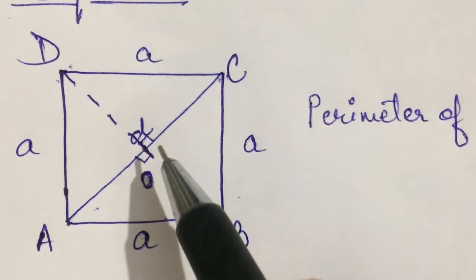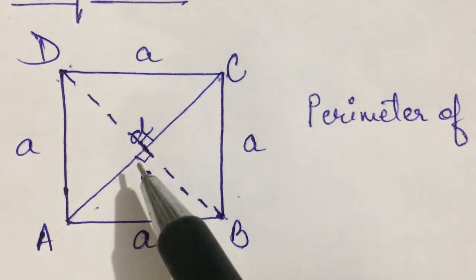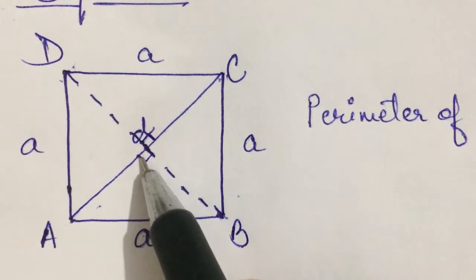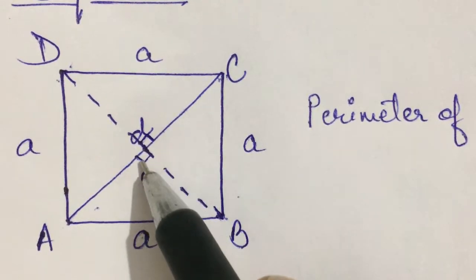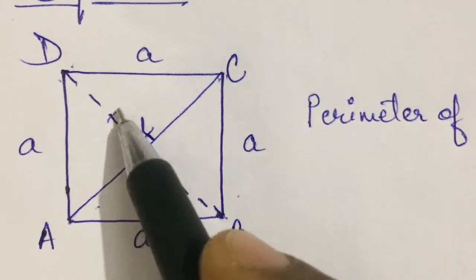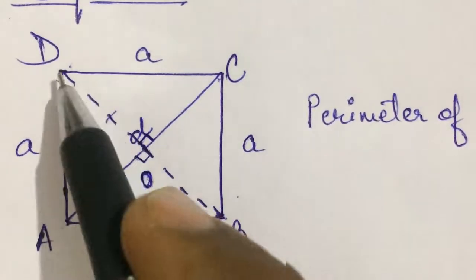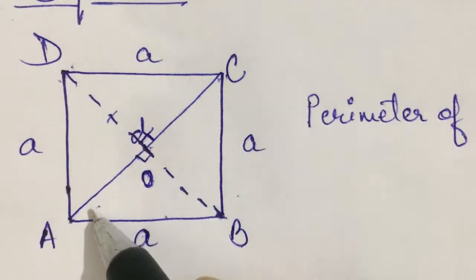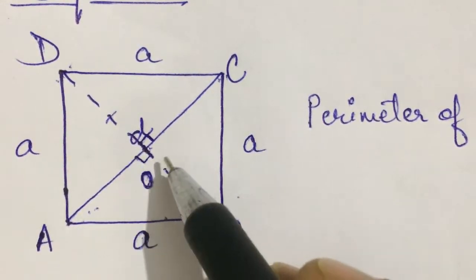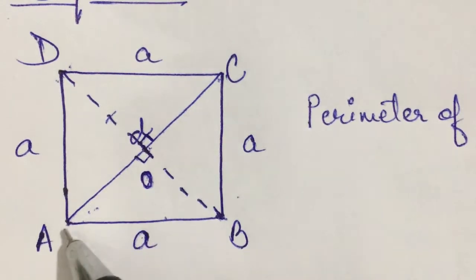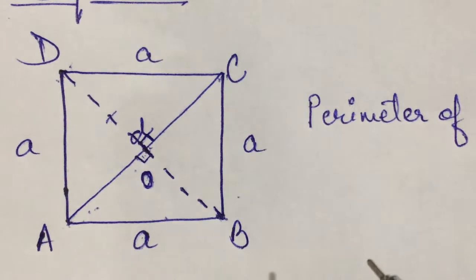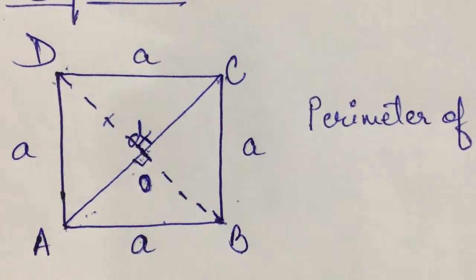The special characteristics are that the diagonals intersect each other at 90 degrees, and they bisect each other. That means OB is equal to OD, OC is equal to OA. Since both the diagonals are of equal length, the half of the length is also equal, and hence AO is equal to OC is equal to OB is equal to OD. So the diagonals after bisection are equal.